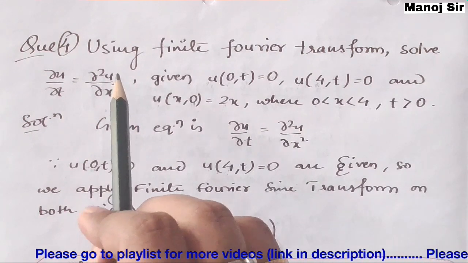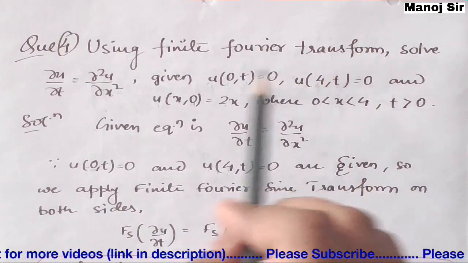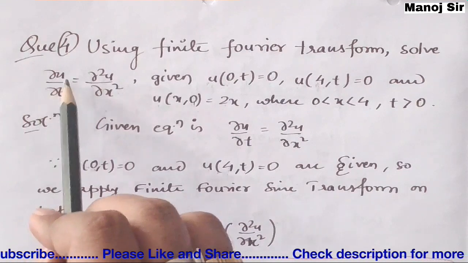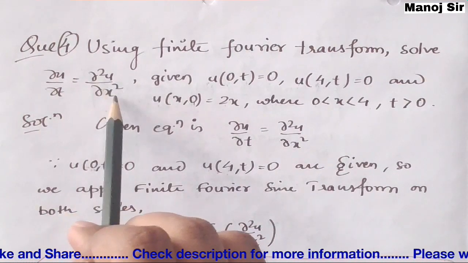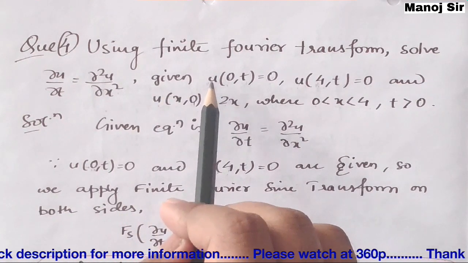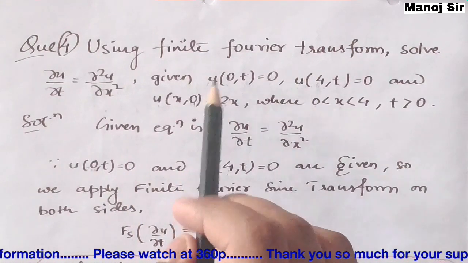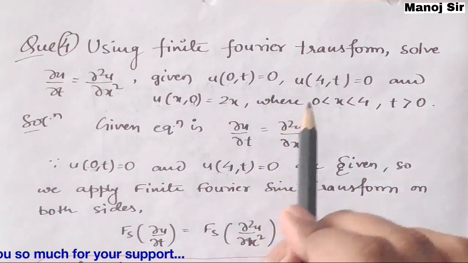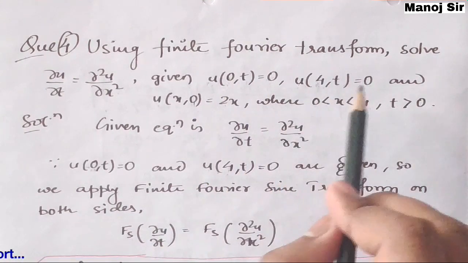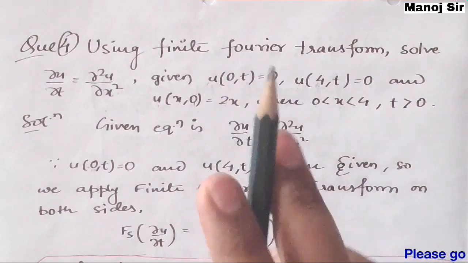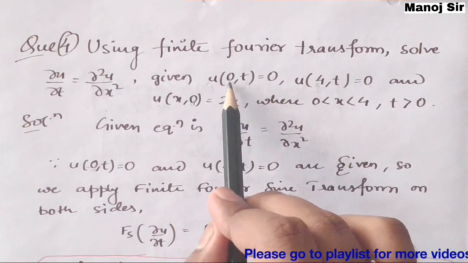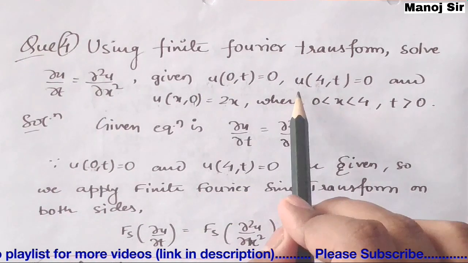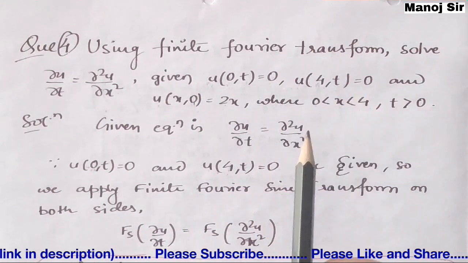The problem says: using finite Fourier transform, solve del u upon del t equals del square u upon del x square, given u is a function of x and t. At x equal to 0, u equals 0, and at x equal to 4, u equals 0 again.